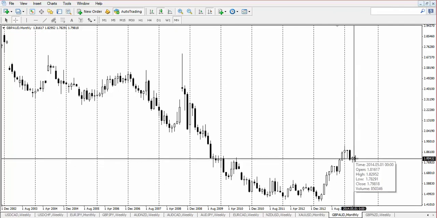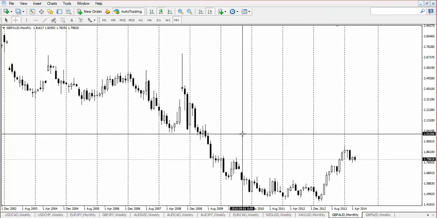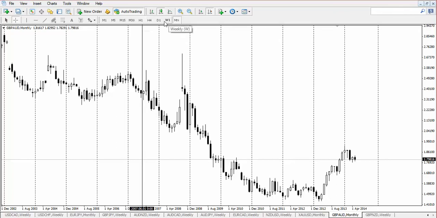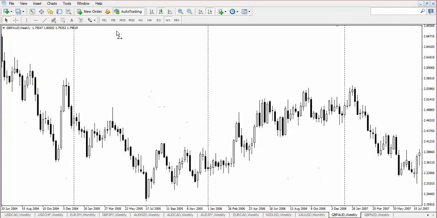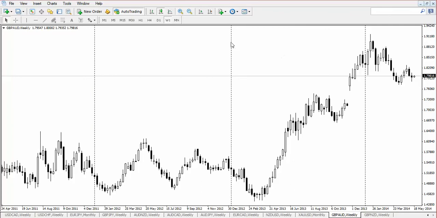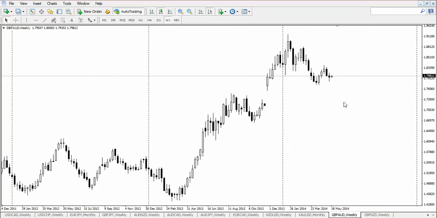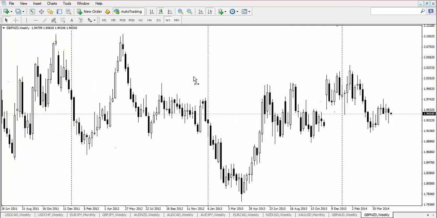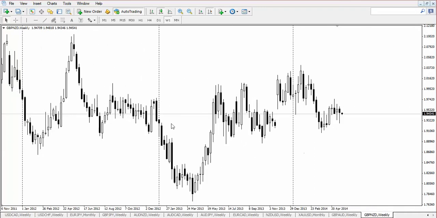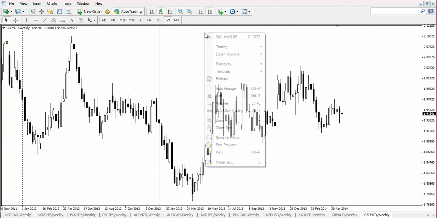This month hasn't moved particularly far so far, but it's quite highly correlated with the Euro Aussie, so we could see some movement here. There's actually a nice weekly trend line that if it breaks we could see some momentum, so I'm going to keep that one open. And the pound Kiwi, we're just range bound in the pound Kiwi, so I'm not interested in that at the moment.